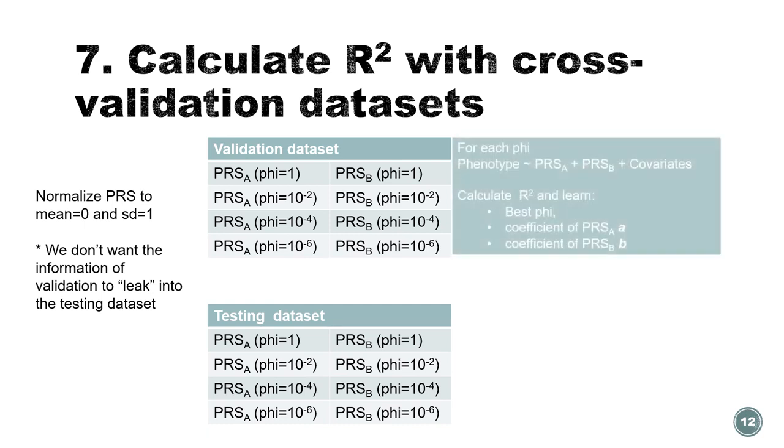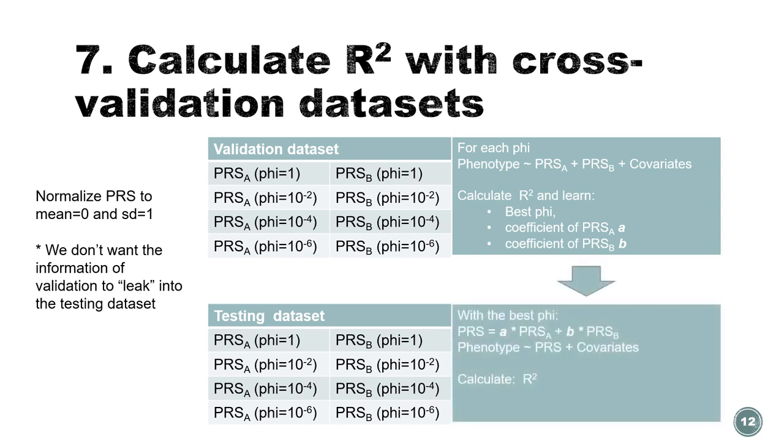For each phi, you predict the phenotype with the normalized PRS-A and the normalized PRS-B and get the R-squared. You compare R-squared from each phi and learn the best phi and the coefficients of the two PRS under that phi. Then in the testing data, you calculate the final result.